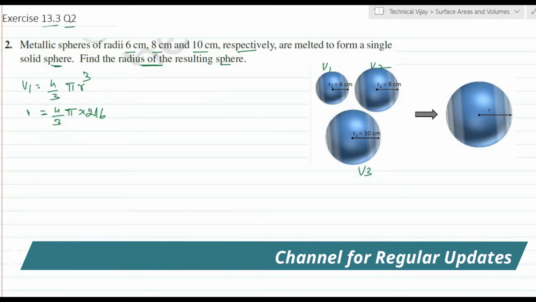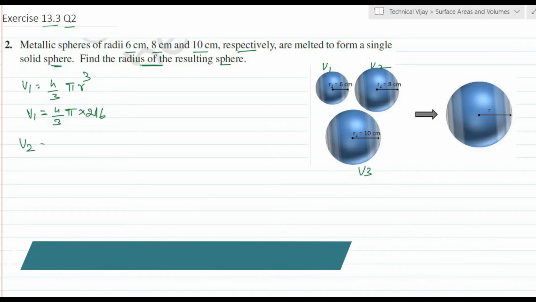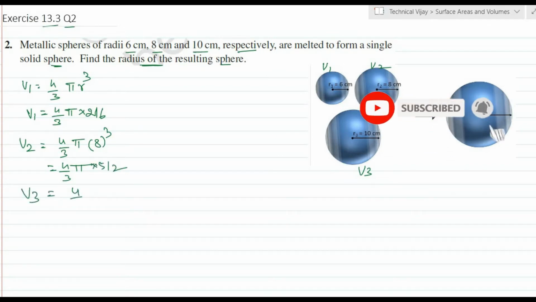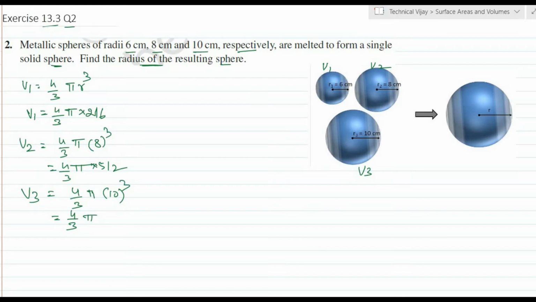This is V1. Next, V2 is equal to 4 by 3 pi into 8 cube, which is 4 by 3 pi into 512. Next, volume V3 is equal to 4 by 3 pi into 10 cube, which is 4 by 3 pi into 1000.